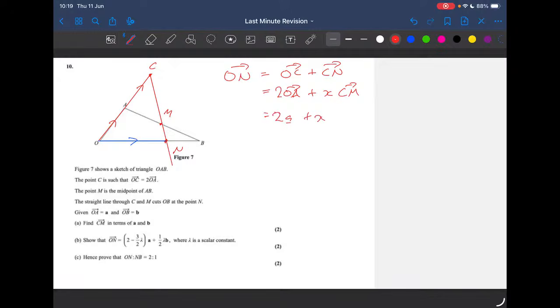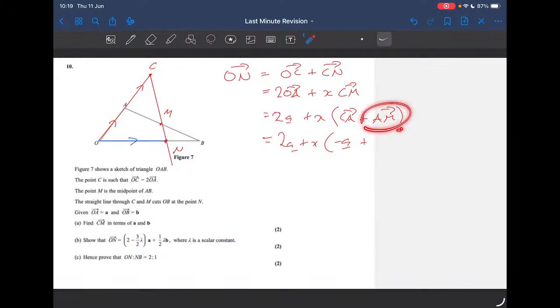But for the second bit, C to M, we can go to A and then to M. So that's C to A plus A to M. C to A we know, that's minus A. A to M is a half of A to B, and A to B is minus A plus B. We would have had this already, but we can work it out as we go. So it's a half of that journey, and half of A to B is half of B minus A.